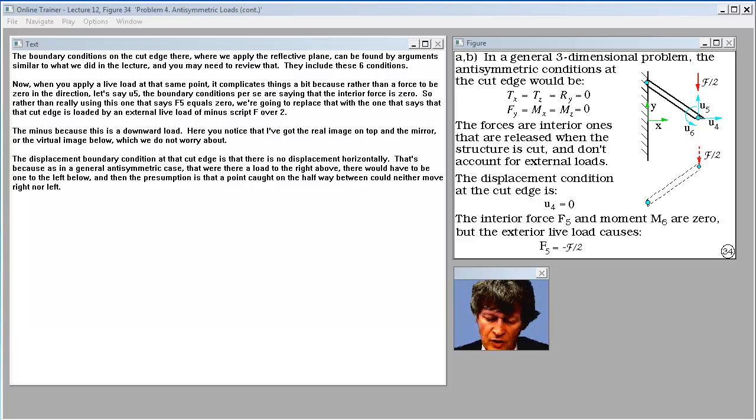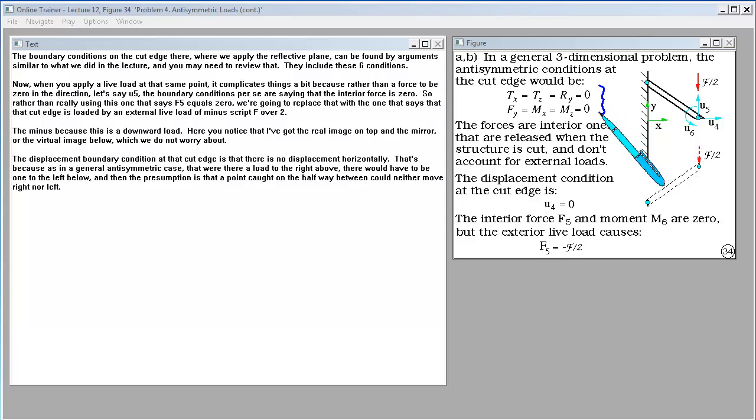The boundary conditions on the cut edge there, where we apply the reflective plane, can be found by arguments similar to what we did in the lecture, and you may need to review that. They include these 6 conditions. Now, when you apply a live load at that same point, it complicates things a bit, because rather than the force being 0 in the direction, let's say U5, the boundary conditions per se are saying that the interior force is 0.